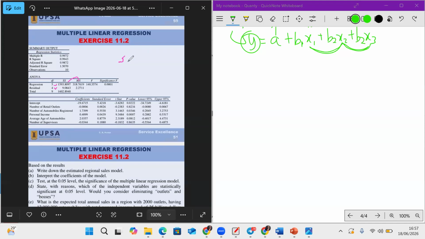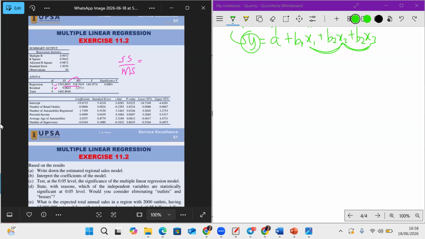Divide the figures for the regression. Yes, so I think it's 5.0000067. Yes, that's fine.